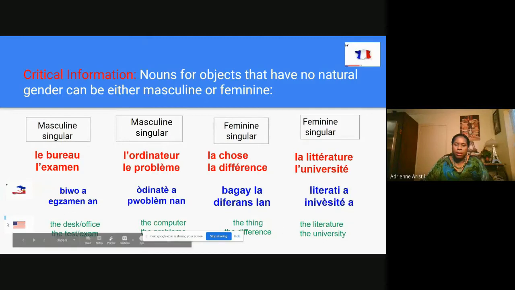Et en bas, c'est le test, c'est l'examen. Pour l'examen, c'est the test or exam. And the computer, l'ordinateur. And the thing is la chose, la littérature.